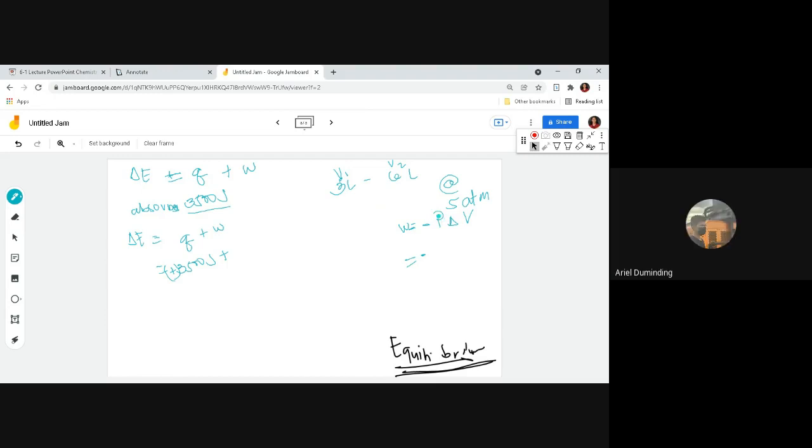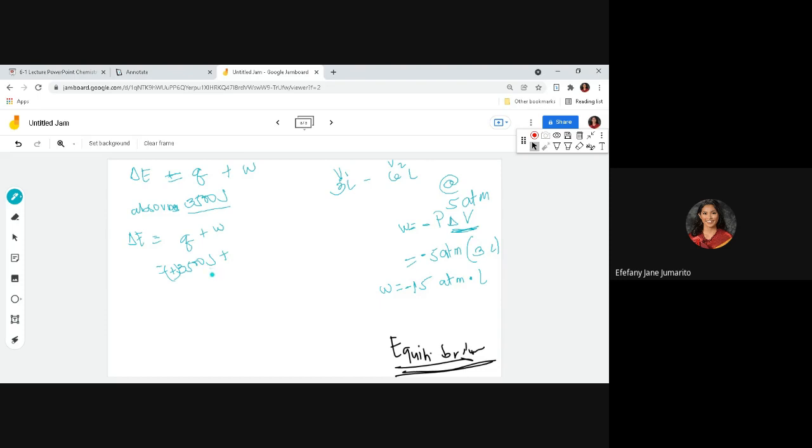That's pressure, 5 atm, times delta V. Delta V is V2 minus V1, 6 minus 3, so 3 liters. So work is equal to negative 15 atm liters, or liter atmosphere. So that is your work.